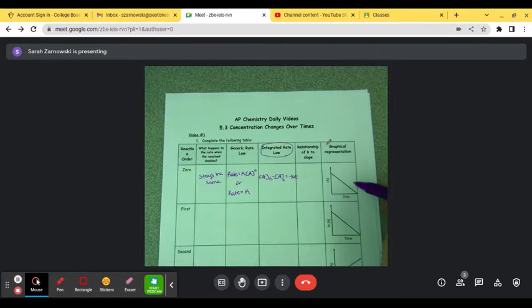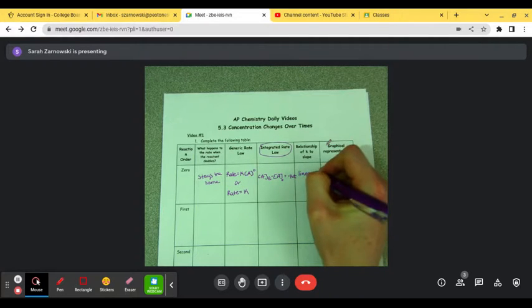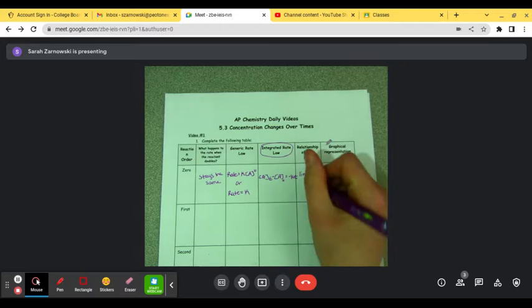So here is the graph for a zero order reaction, and it's asking how does the slope of k look. It is a linear graph because it is a straight line, but k has a negative slope.